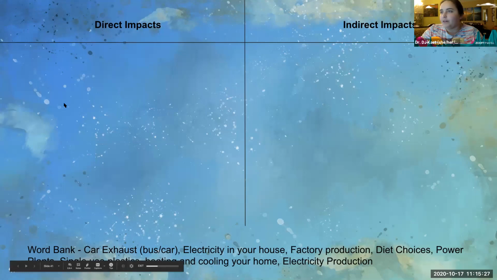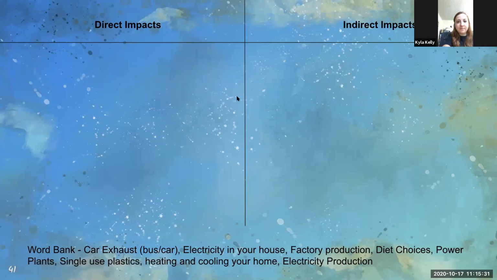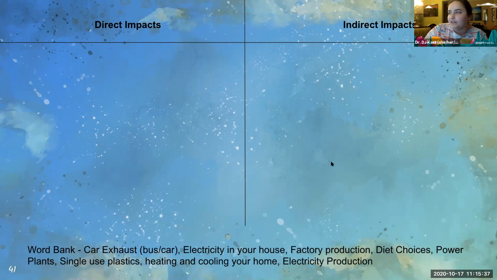If we were going to do a quick direct versus indirect impacts activity, I feel like a lot of us have also touched upon all of this today. So I'm going to go ahead and skip this one because I do have the answer key on the next slide. So I think I might just go over that instead. Oh, I hit annotate. I'm like, why is it not moving?